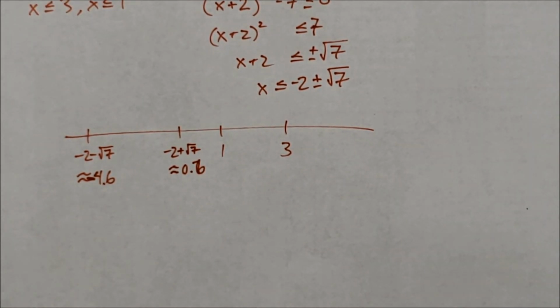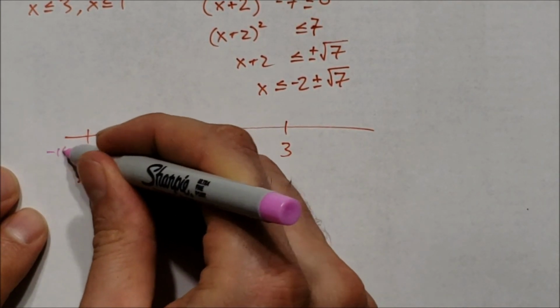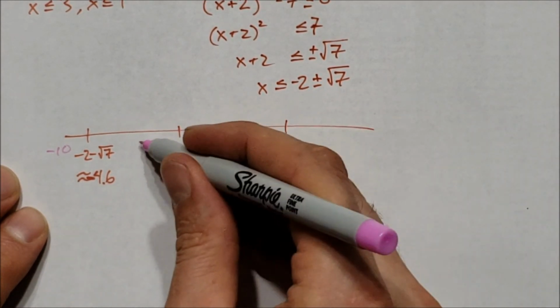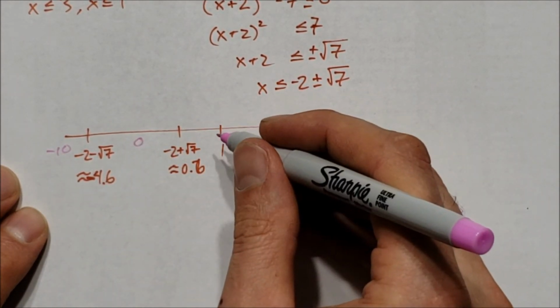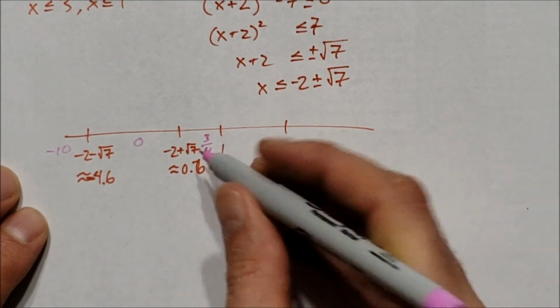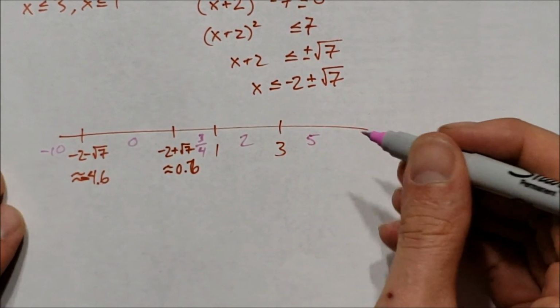Looking at test points. Let's choose some easier numbers. Negative 10. We can choose 0. We can choose 3/4, which is between the two. We can choose 2, and we can choose 5.